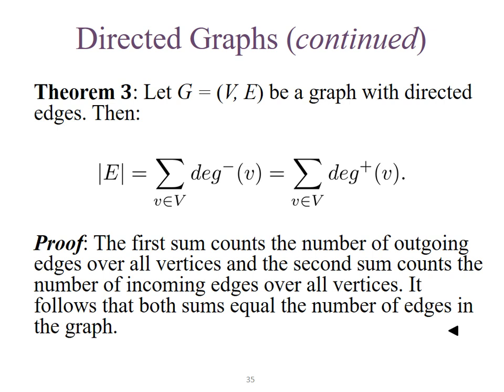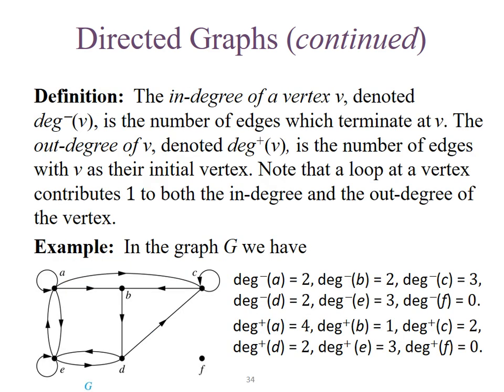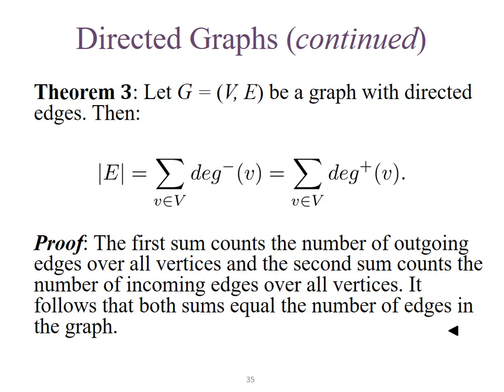It's very intuitive, right? Because for each edge, this edge is the out degree from vertex A, and then it will come to the in degree of C. So we have an equal number of in degree and out degree for all the vertices in this graph.